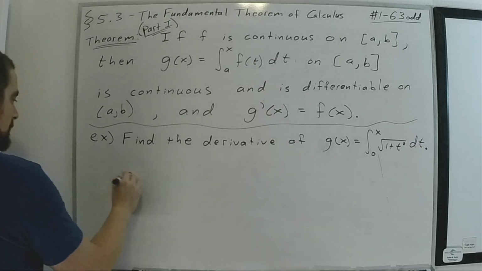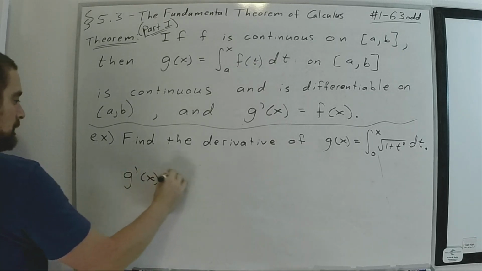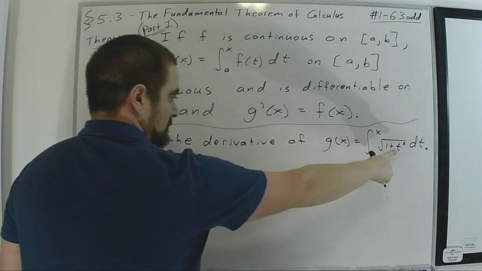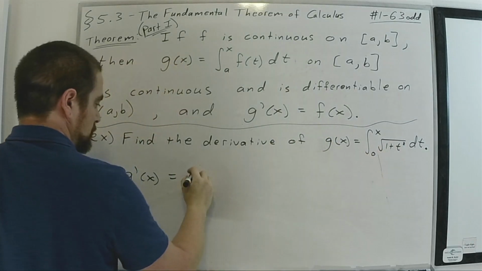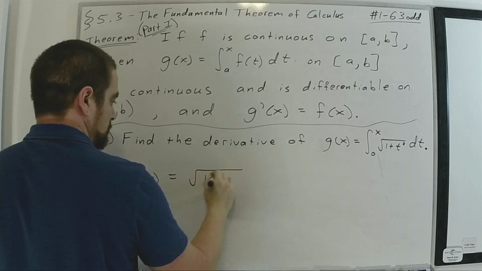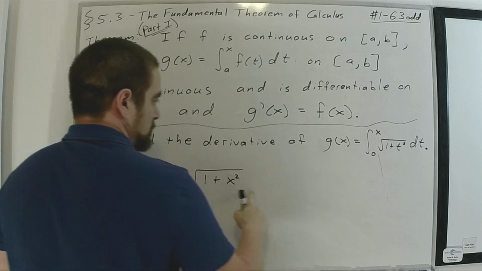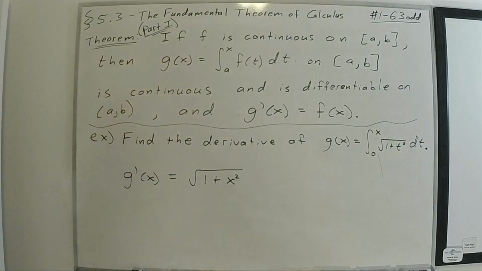So g prime of x means all I have to do is differentiate this function. On the right-hand side, when I take the derivative, I get the function, but instead of that function being a function of t, it becomes a function of x.